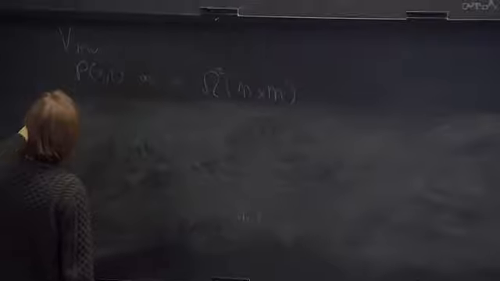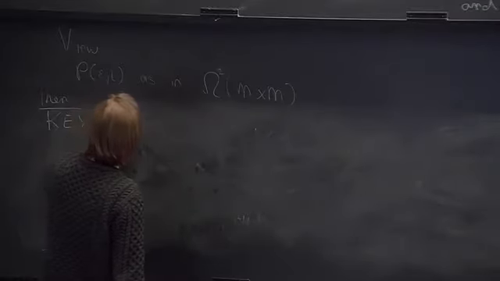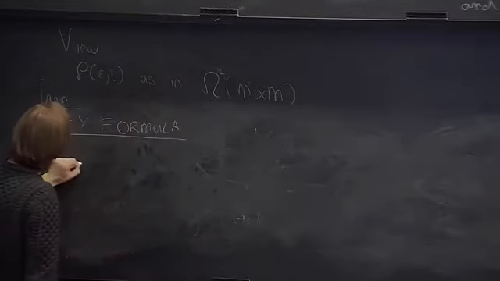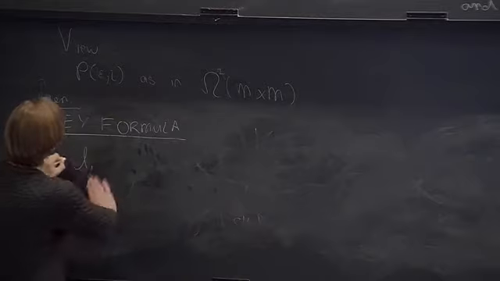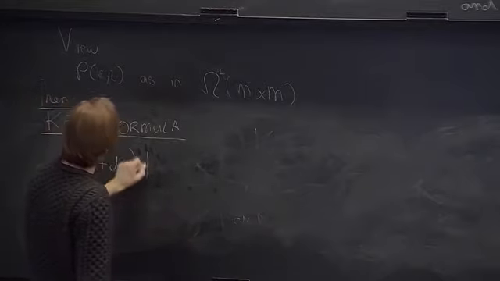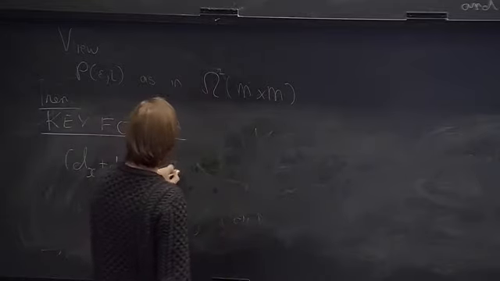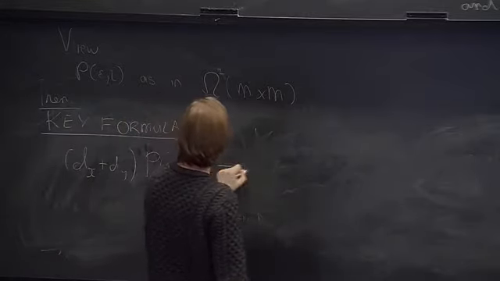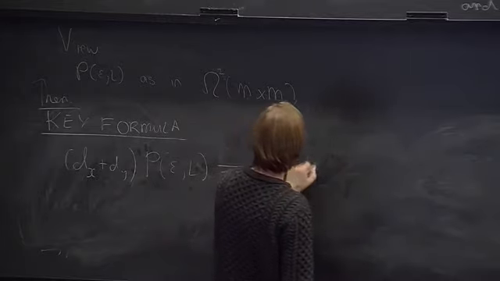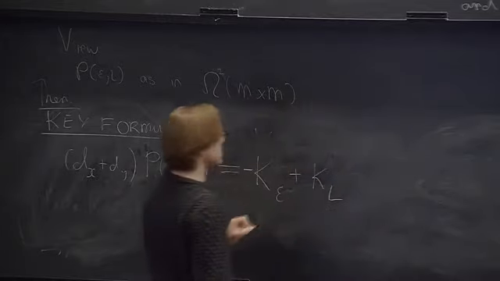It's kind of a key formula. The de Rham operator on both variables of the propagator is the heat kernel times epsilon. It's the difference between the two heat kernels.